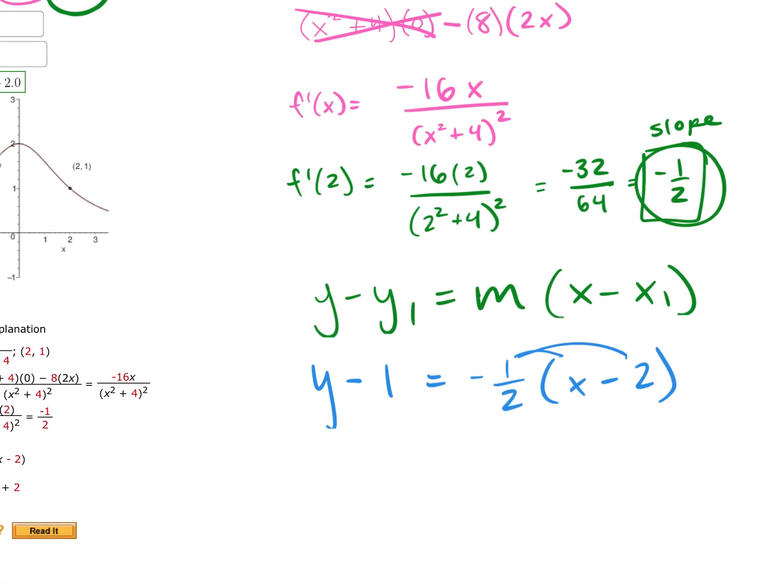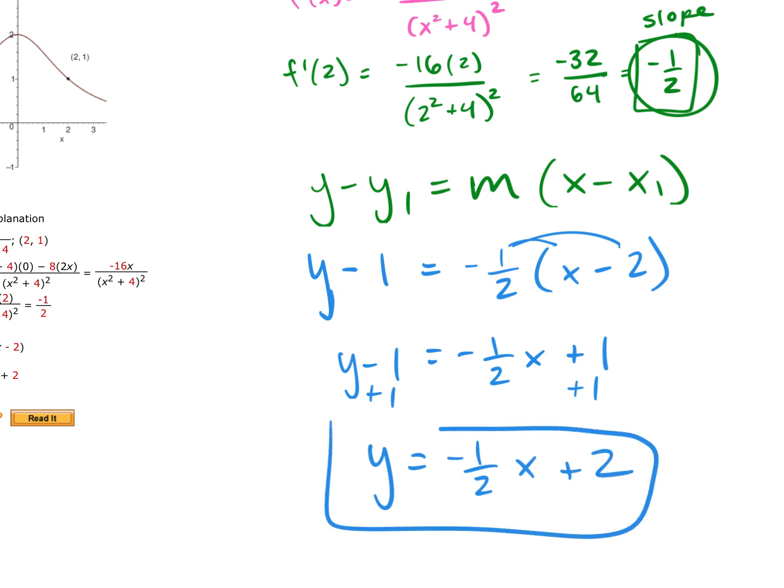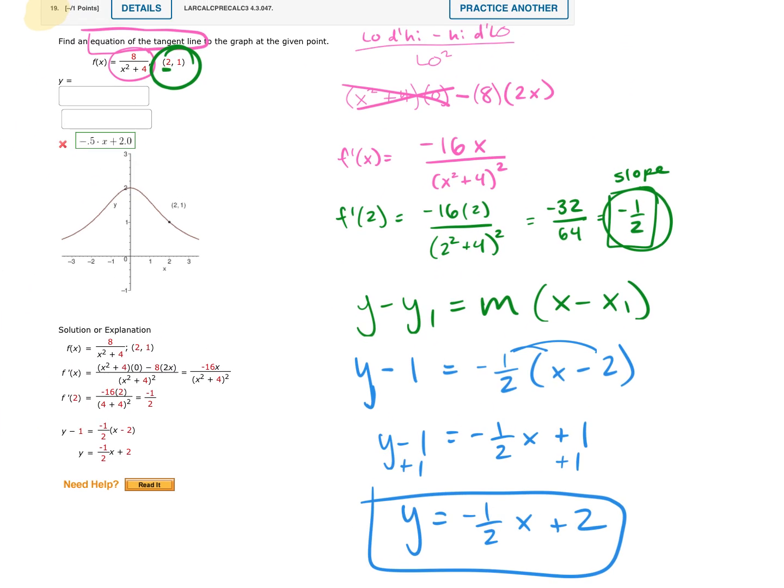Distribute. Let's put this into slope-intercept form. Question on the quiz will be specific on what form it wants, which will most likely be slope-intercept form. Negative 1/2 times negative 2 would be positive 1. And then I need to add 1 to both sides. So y equals negative 1/2 x plus 2. So this would be our equation of the line.